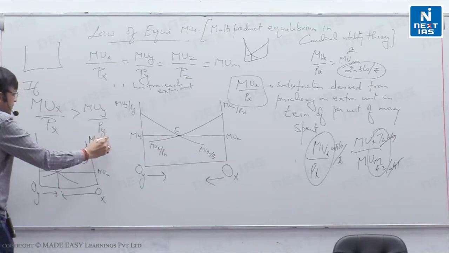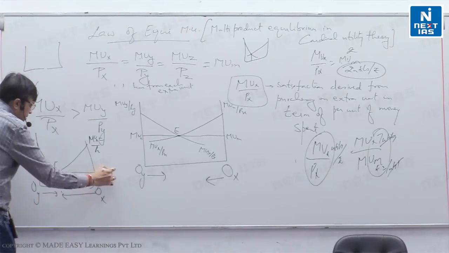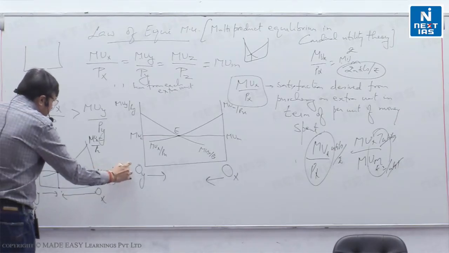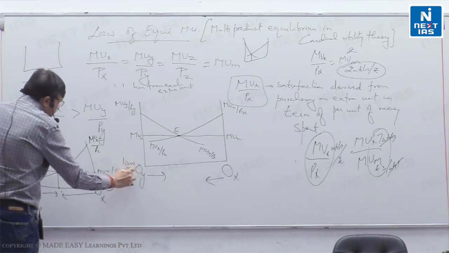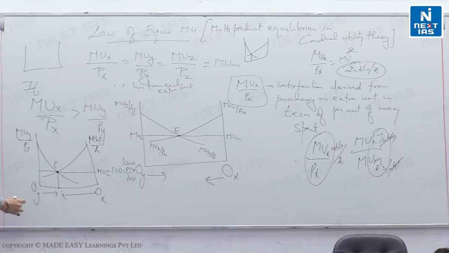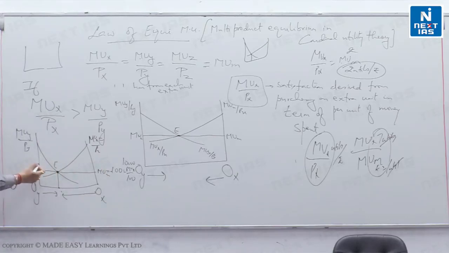Your MUX to PX can be say 10,200. On the other hand, over here, Y is not a luxury, your MUY to PY, this is also MUM, don't forget, assuming MUM is 100, your MUY by PY can be something like 50 upon 0.5. They are both 100. I'm sure you acknowledge that.